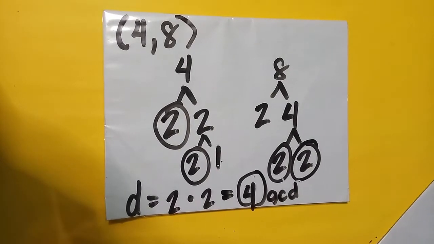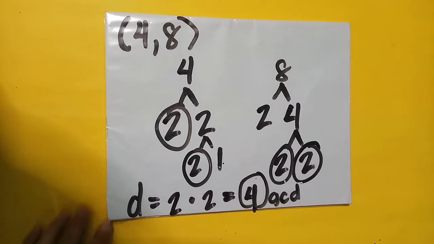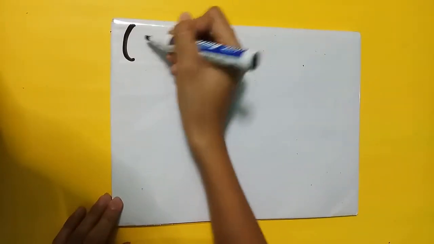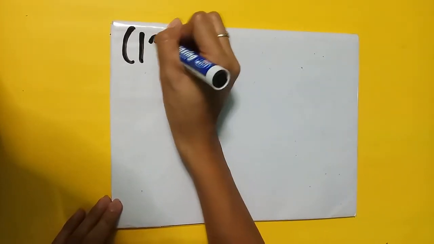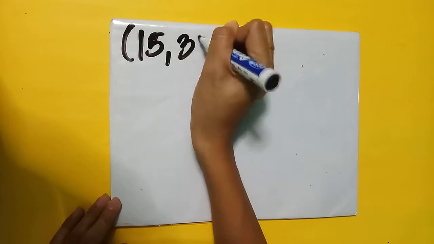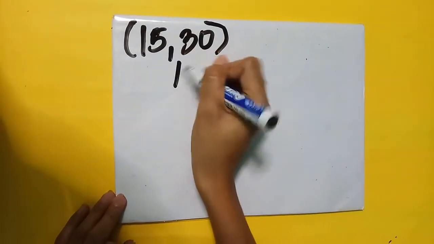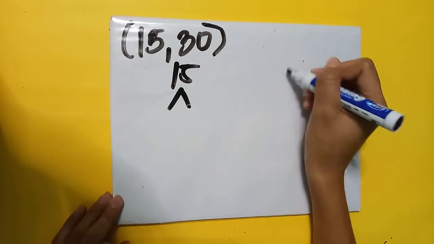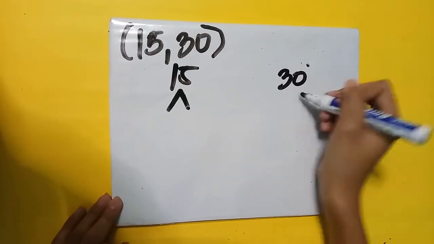Same as the listing method, we get the same answer, which is 4. Let's have another example using prime factorization. We also find the GCD of 15 and 30. Using prime factorization, we will perform division using prime numbers.